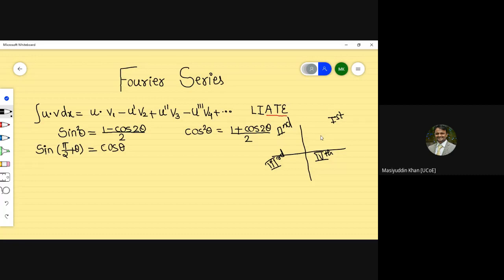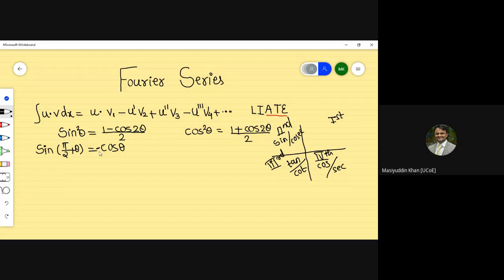In the first quadrant all trigonometric ratios are positive. This is sine and cosec. This is tan and cot. This is cos and sec, which are the only positive ones. The rest of the terms are negative. This is 90 degrees. When I take 90 plus something, the trigonometric ratio changes from sine to cos, and with a negative sign.